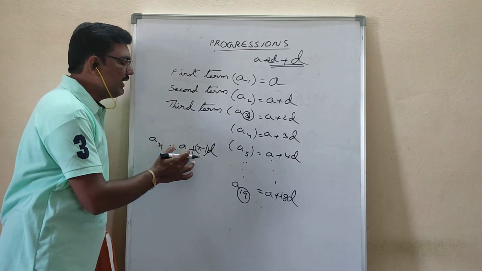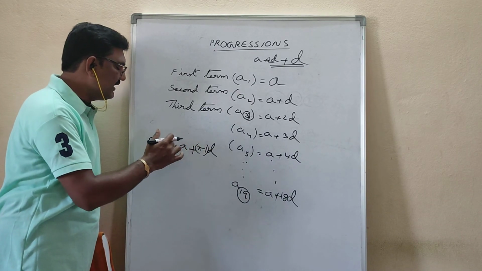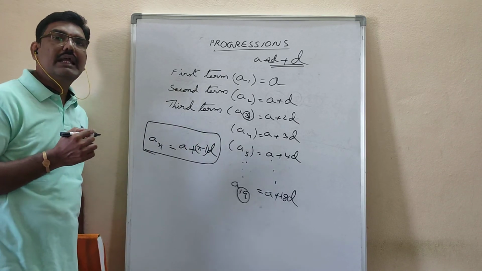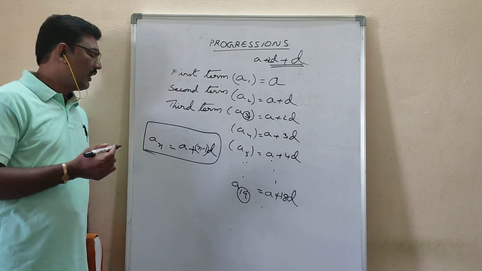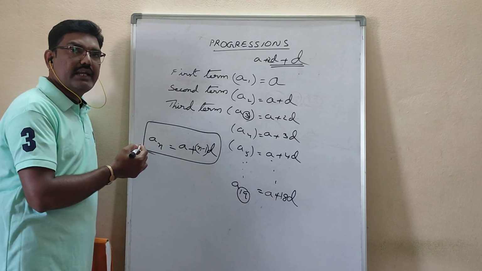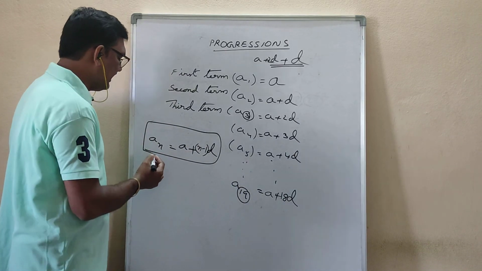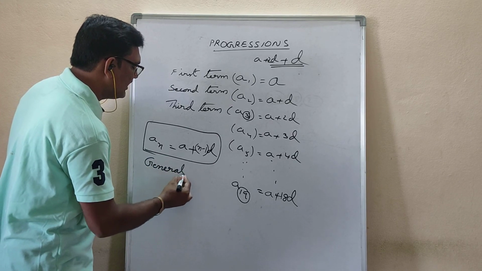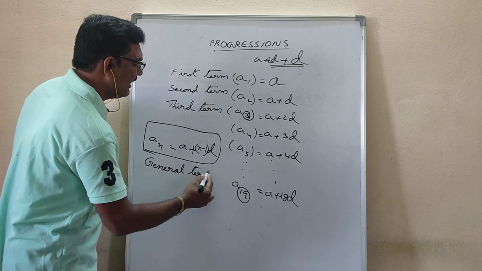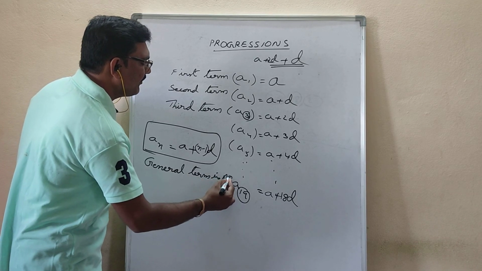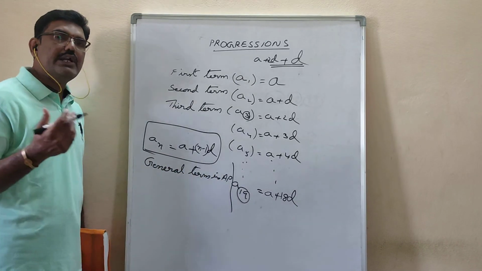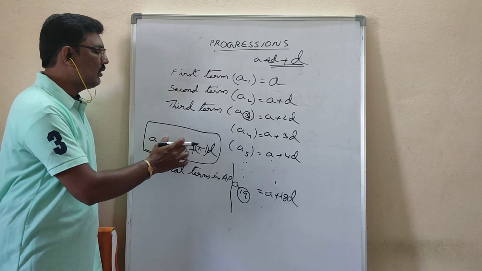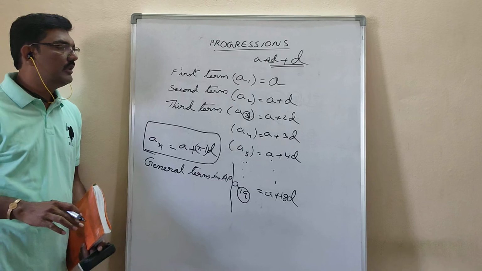So a plus n minus 1 into d is the formula for an. An is called the general term in AP. If they ask what is the general term in AP, you say an is equal to a plus n minus 1 into d.